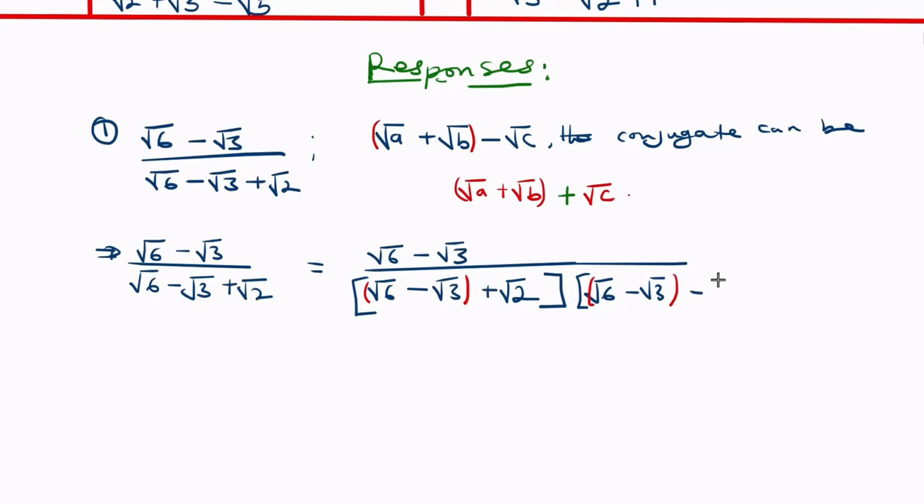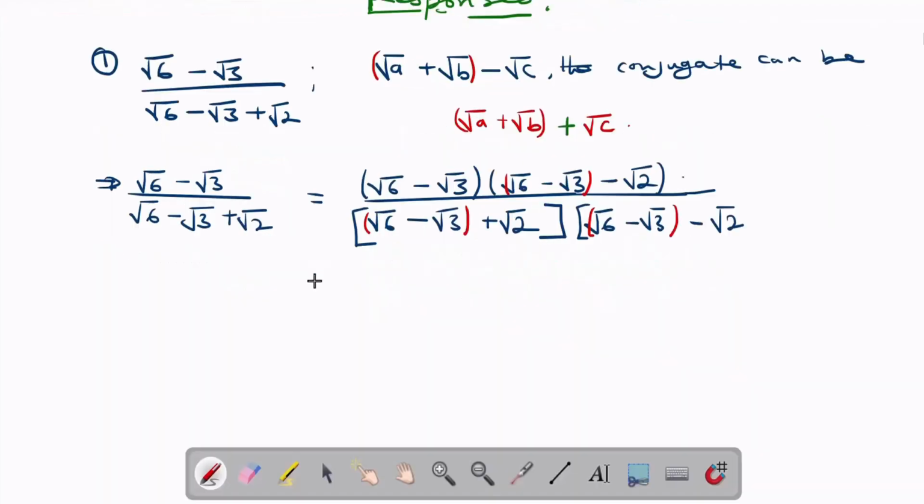You see here there is a plus, so we put minus root 2. We do the same to the numerator, so we multiply by the conjugate, root 6 minus root 3 minus root 2.